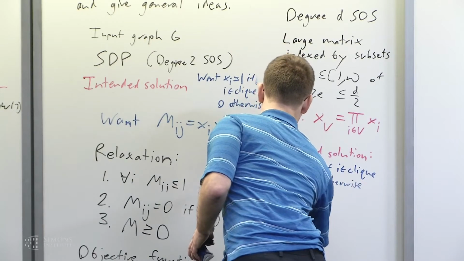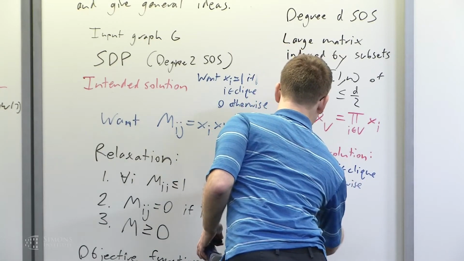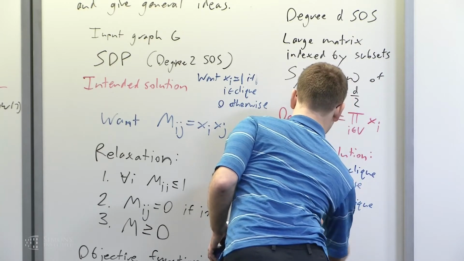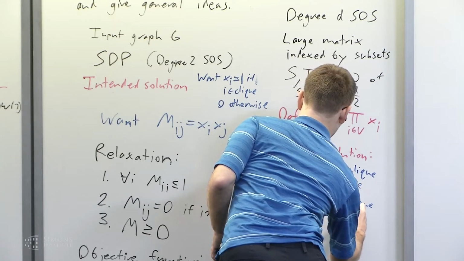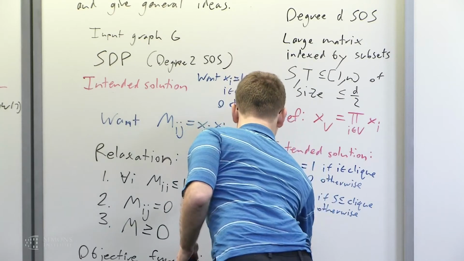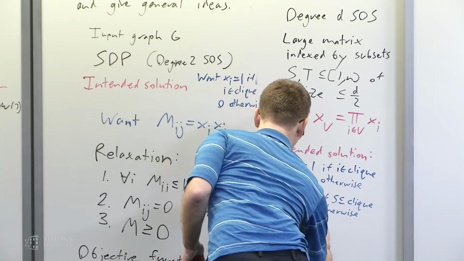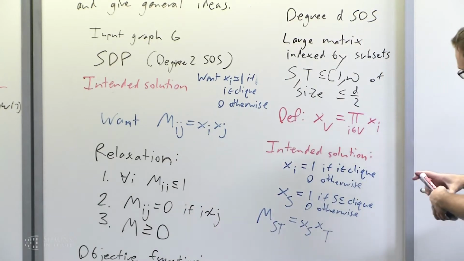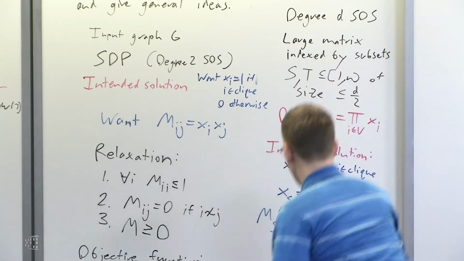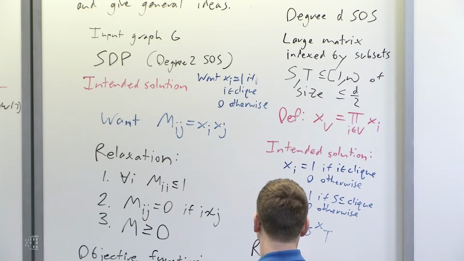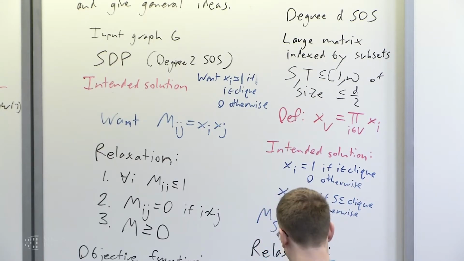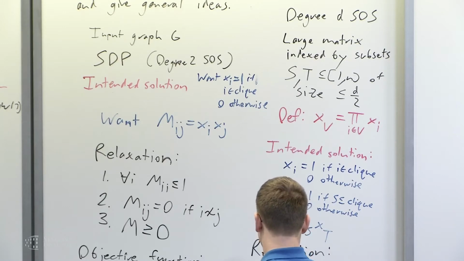In particular, xs is equal to 1 if f is a subset of the clique and 0 otherwise. And MST, we want it to be the product of xs times xt. And now for relaxation, so we'll need a normalization condition.